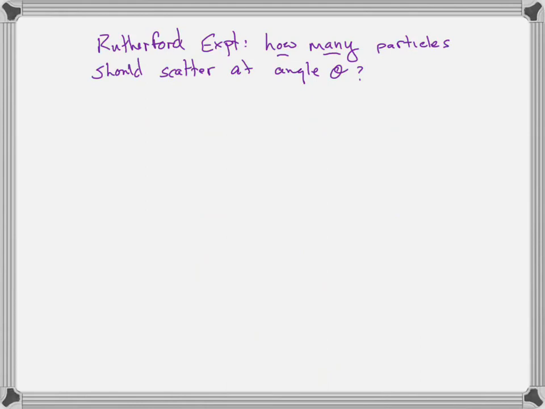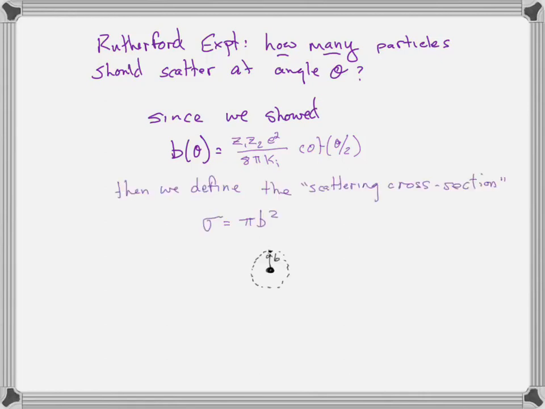We can figure that out from the impact parameter b. We're going to start by calculating what's called the scattering cross section. The scattering cross section is simply the area with radius b. Let's just think about a scatterer, the nucleus in the gold foil, looking head on, with the alpha particles going into the page.